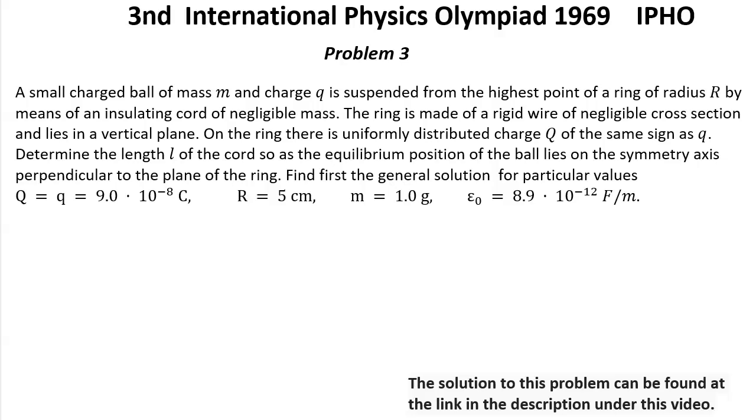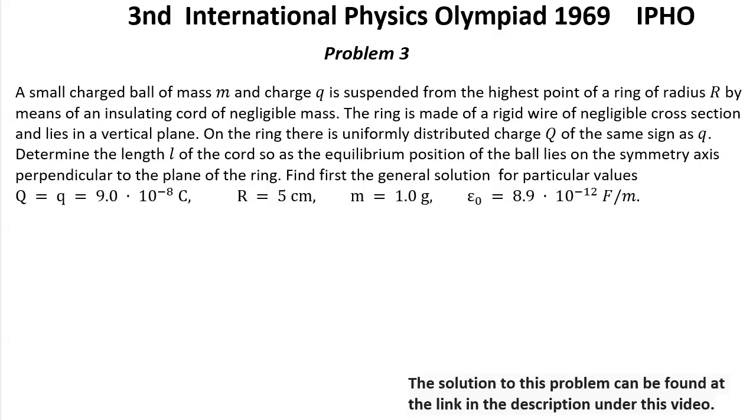On the ring there is a uniformly distributed charge Q of the same sign as small q. Determine the length L of the cord so that the equilibrium position of the ball lies on the symmetry axis perpendicular to the plane of the ring.